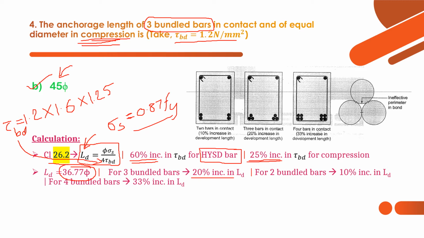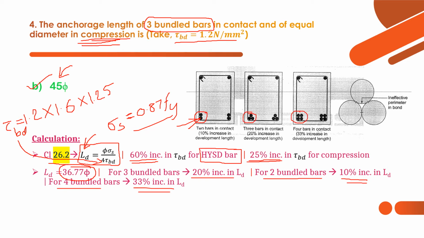In case only 2 bars are bundled, then we have to increase the development length by 10%. In case of 4 bundled bars, we have to increase development length by 33%. You can visualize how it is bundled like this. Here 2 bars bundled, here 3 bars, here 4 bars.